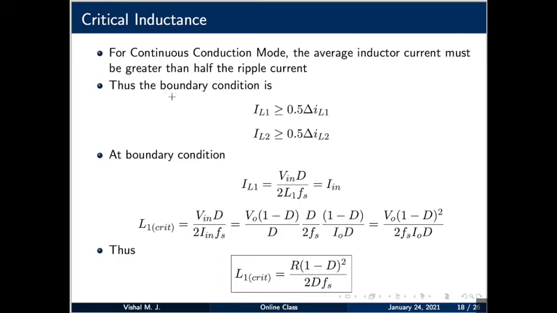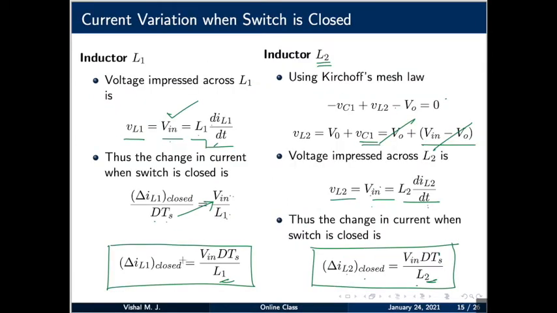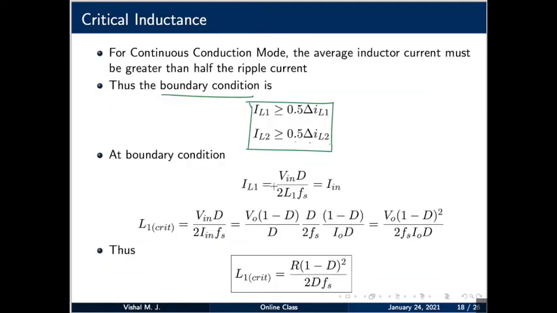The boundary condition becomes IL1 should be greater than 0.5 delta IL1. Similarly, IL2 should be greater than 0.5 delta IL2. This is the boundary condition. And what is IL1? We have just now found out the ripple current. So, this Ts in the numerator becomes 1 by Fs, that is, it becomes switching frequency in the denominator.